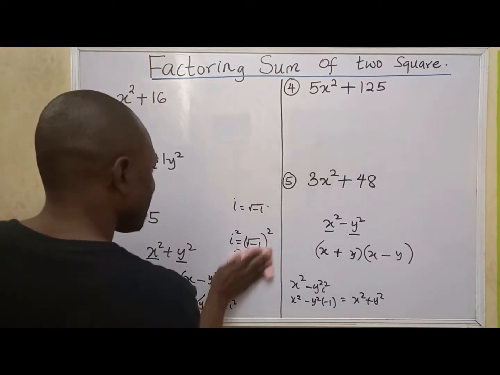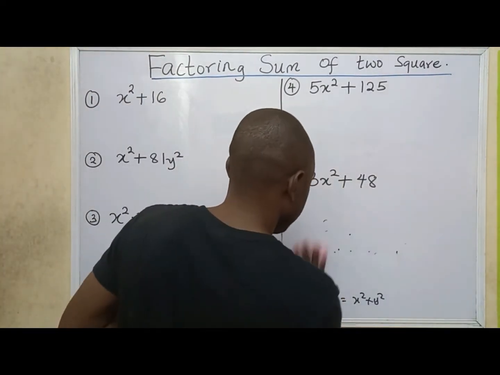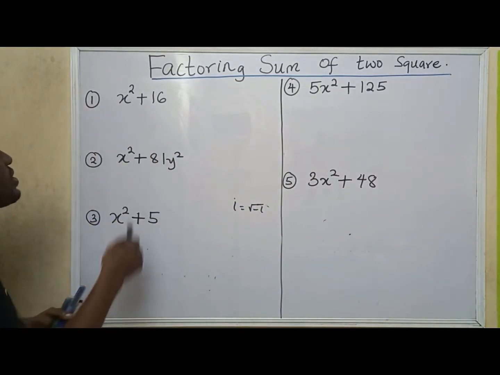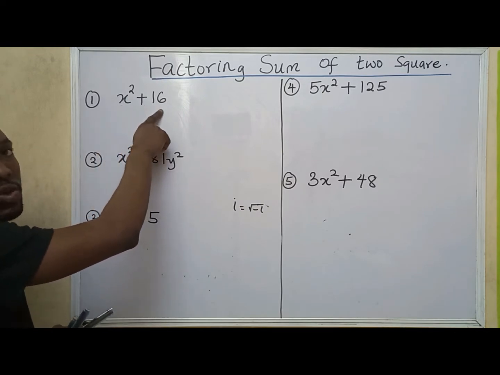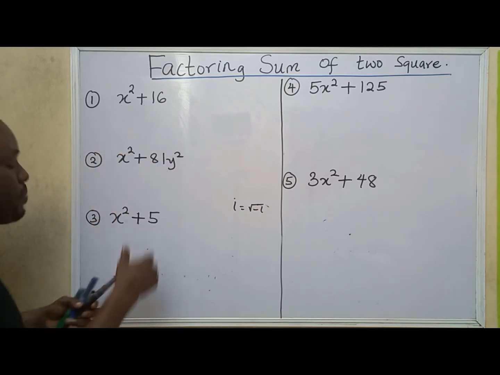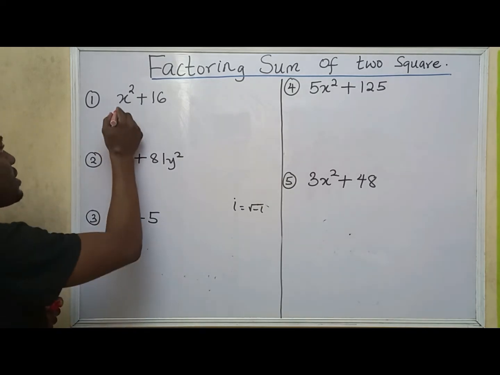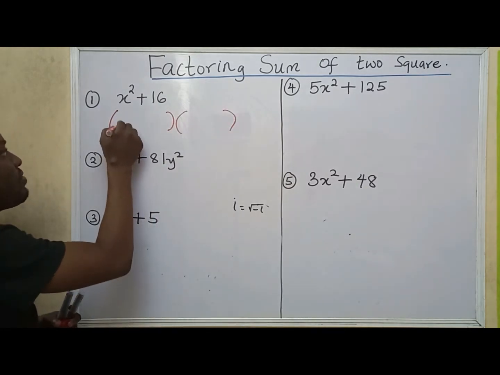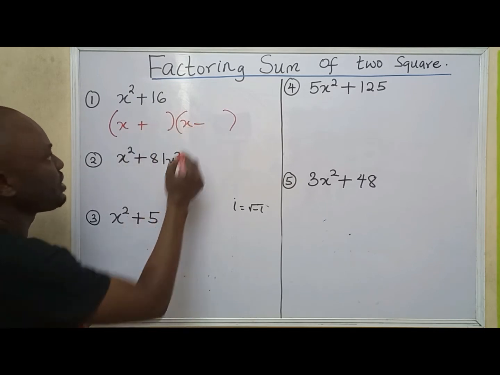All right, so let's get started now, solving all the problems on the board. The first thing we want to do, if we look at this, this is a perfect square and that is a perfect square. But we want to find the sum of perfect squares. So what I need to do is to open up two parentheses, and then here I'll have x, and here I'll have x, here plus, and here minus.